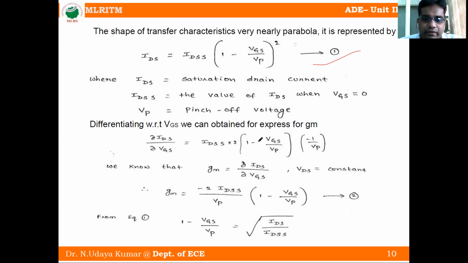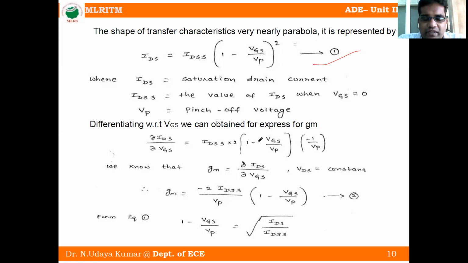Differentiating with respect to VGS, we can obtain the expression for GM. Change in IDS by change in VGS: what is the differentiation here? For x squared it is 2x. Similarly here, IDSS × 2 × (1 − VGS/VP), and the coefficient with respect to VGS gives −1/VP.